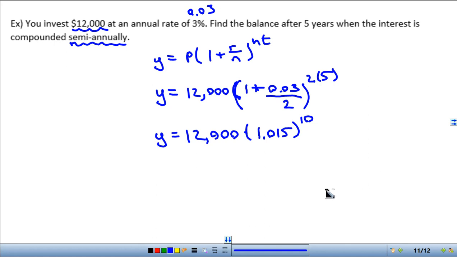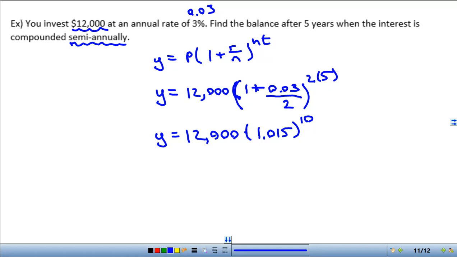This is where you get a calculator and plug it in. Okay. So when I get my calculator, and I'm just going to do this on the side, you're probably not even going to see this work. So when I get the calculator, I have 1.015 to the 10th. Typing in the calculator because I didn't have that ready. 1.015, and now I'm going to take it to the 10th power.